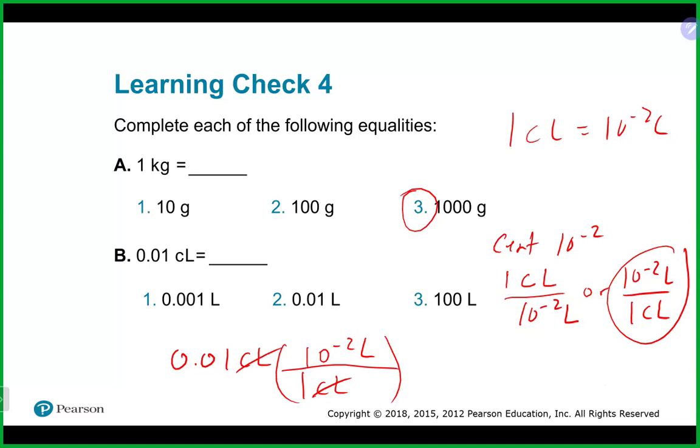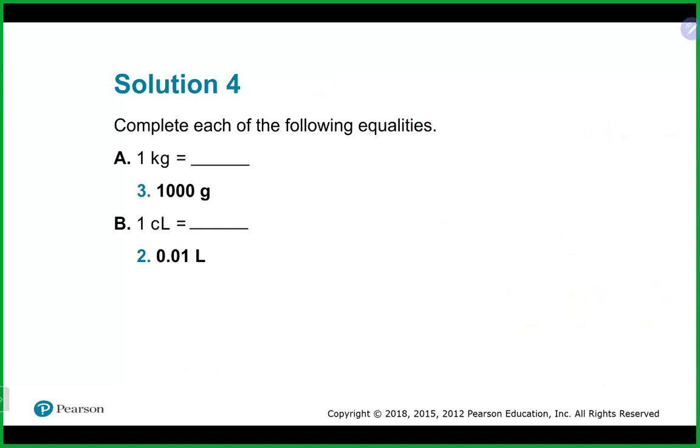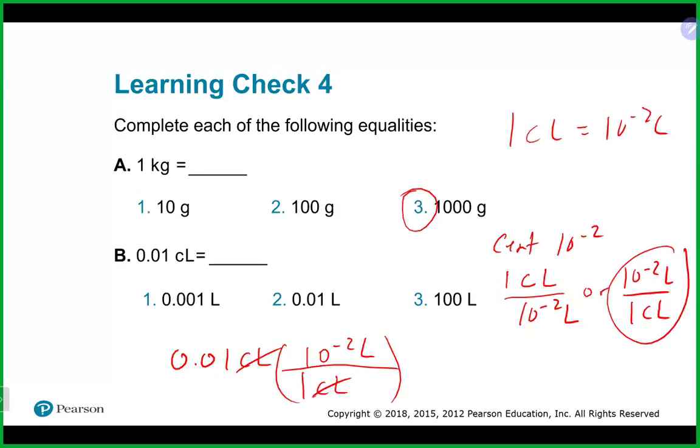Did it have the 3 zeros there? 0.0001, I think, is what it should be. That looks the same as what it started with. So I'm going to say they should probably have an extra 0 there. You should have 0.0001 liters in this case, which should be the proper one.